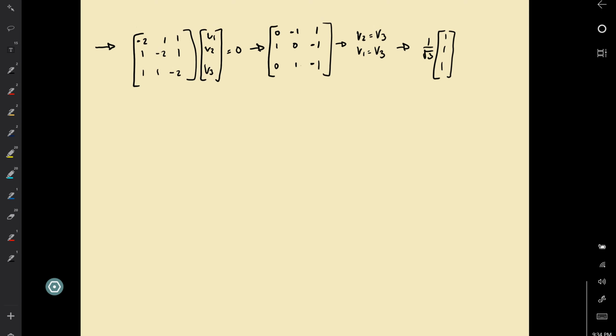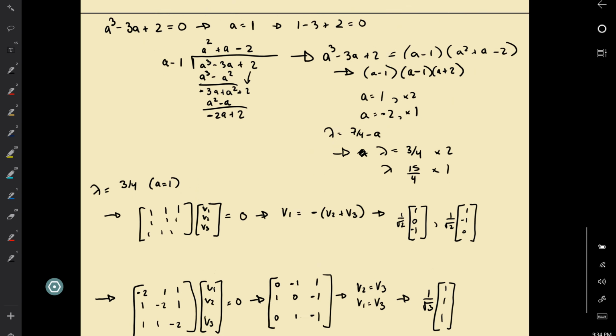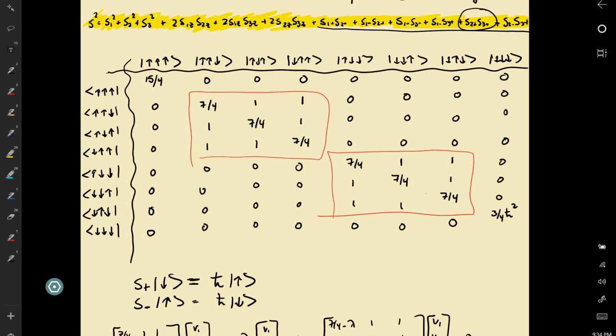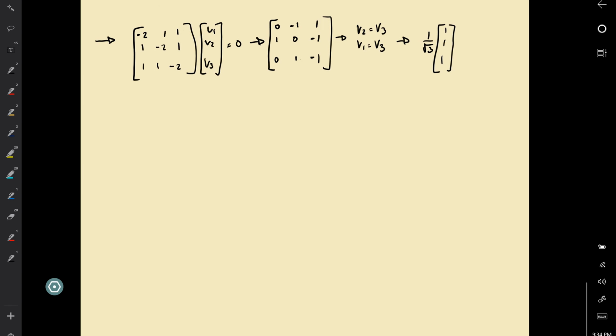Do that down here. So let's just start with the top ones. We had 15 over 4 was the eigenvalue. And of course, let's write that as, like we said earlier, 15 over 4. That was the 3/2 times 3/2 plus 1. So let's write the spin like that.